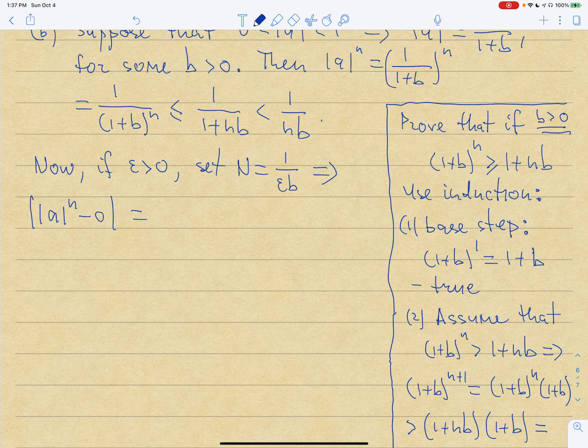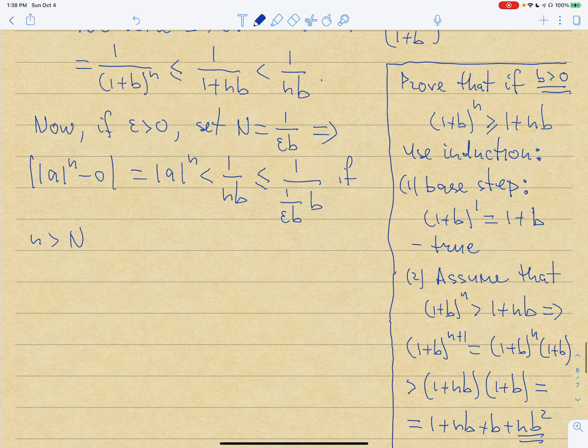This is the same thing as the absolute value of a^n, which according to my computations that I just did, is less than 1 over nb. But if n is bigger than capital N, then this is less than 1 over (1 over epsilon b) times b.